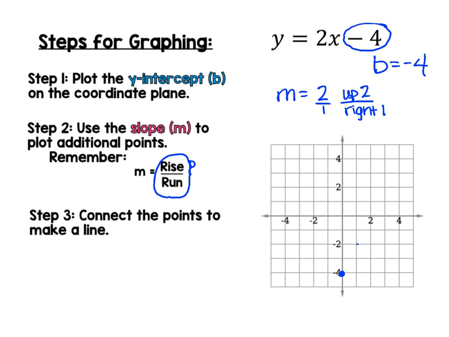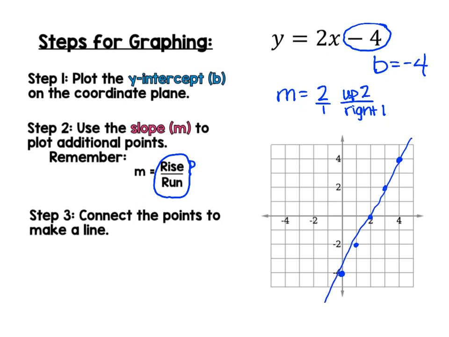So up 2 to the right 1, up 2 to the right 1, and I put more points. I put as many points as I can fit. When we get into inequalities, it's going to be important that we go all the way across the graph. And the third step is just to connect those points to make a straight line.